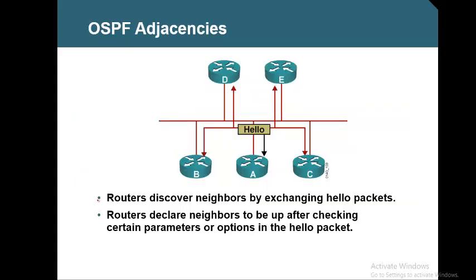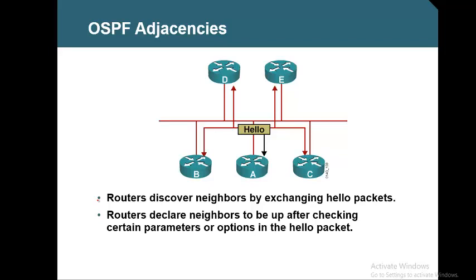Now, hello packets in OSPF are very important. Everything starts from a hello. It is not link state advertisement. Link state advertisements are sent only after B accepting A as a neighbor and A accepting B as a neighbor. Listen carefully.